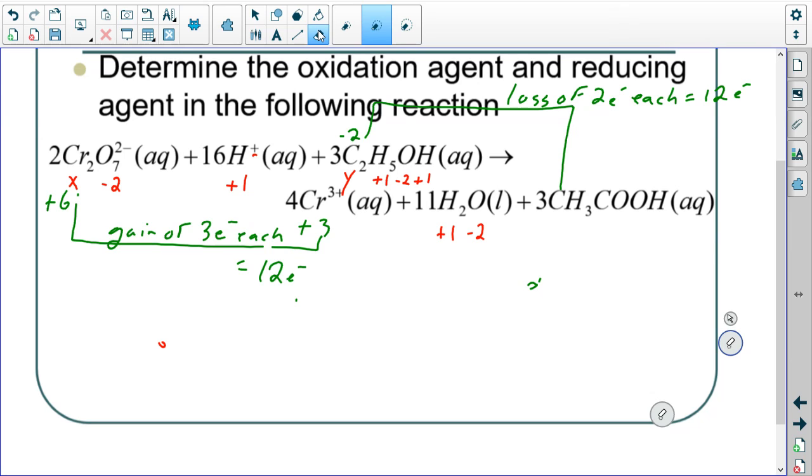Since he gained electrons, the other guy lost. So the dichromate is the oxidizing agent. The loss of electrons means that the ethanol, the compound ethanol, is the reducing agent.